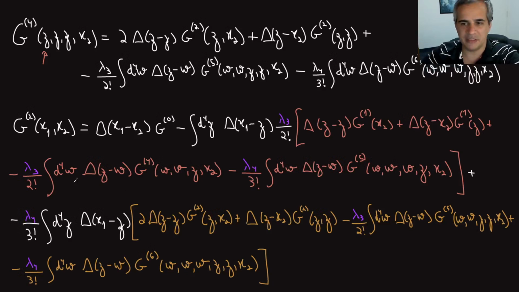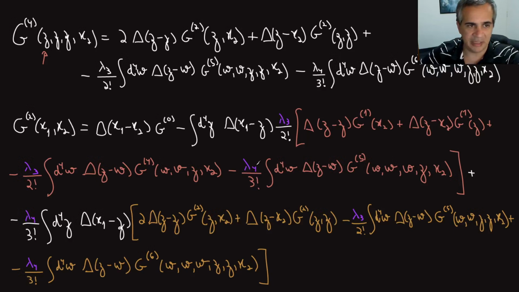That means that if these couplings are weak, right, if this is a small parameter, I can truncate that. I can at some point say I just want to know this quantity up to some powers of lambda 3 and lambda 4, and then I can truncate it and I'm recovering the perturbative expansion.